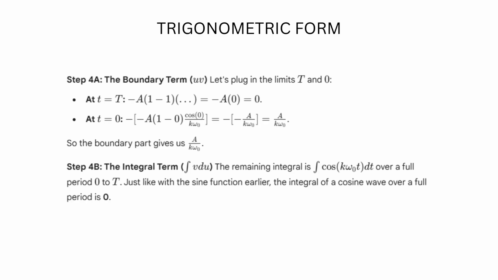So the boundary part gives us A over k omega naught. The remaining integral is the integral of cosine k omega naught t dt over a full period 0 to T. Just like with the sine function earlier, the integral of a cosine wave over a full period is 0.